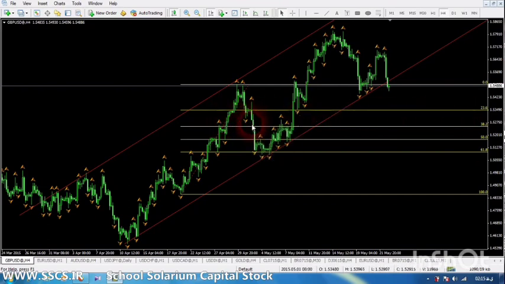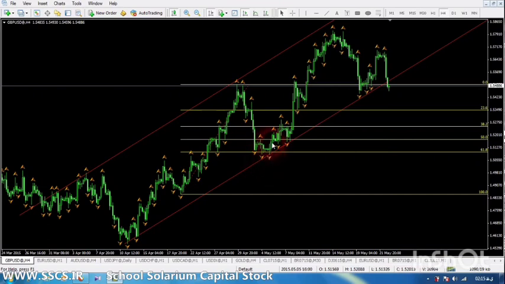But based on the Fibonacci rules, you could start selling on your 23 level and then close on your 38 level, and then when it goes further than 38, you can start selling again, and when it reaches 50 level, you can exit again, and you can do that back and forth. So it's going to reach a level and give me a retracement.